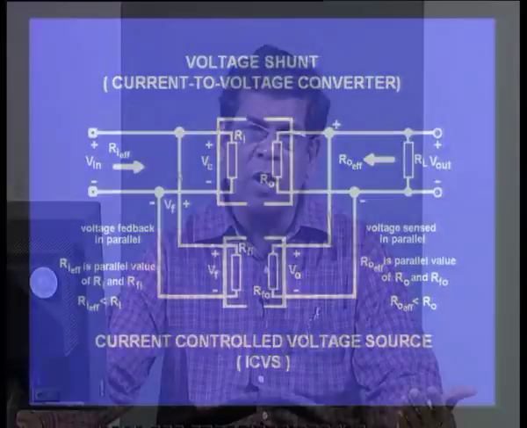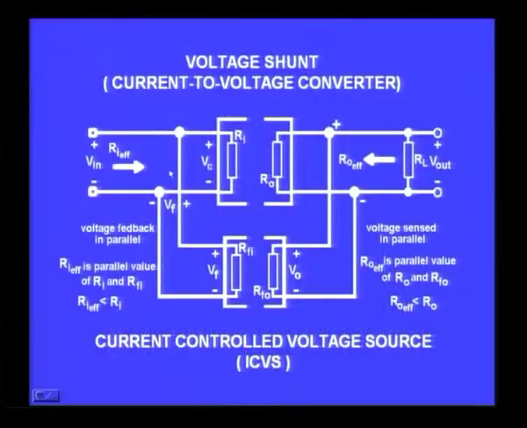So it is no more a voltage input, because if it is a voltage input, I must have large input resistance, then only it can be a voltage input. Now the effect of this feedback is to reduce the input resistance, and therefore the input will have to be a current. It is no more V in, it has to be I in.